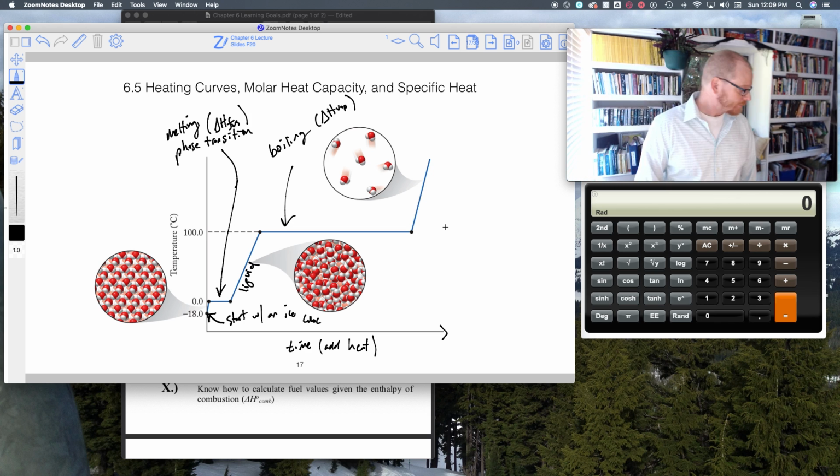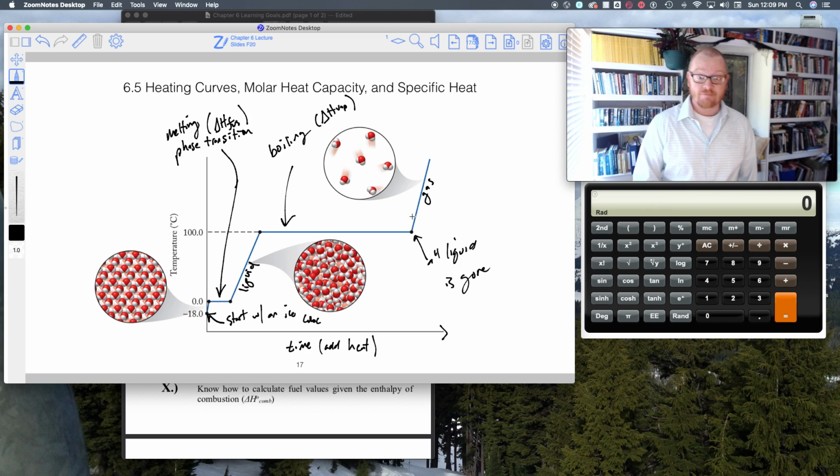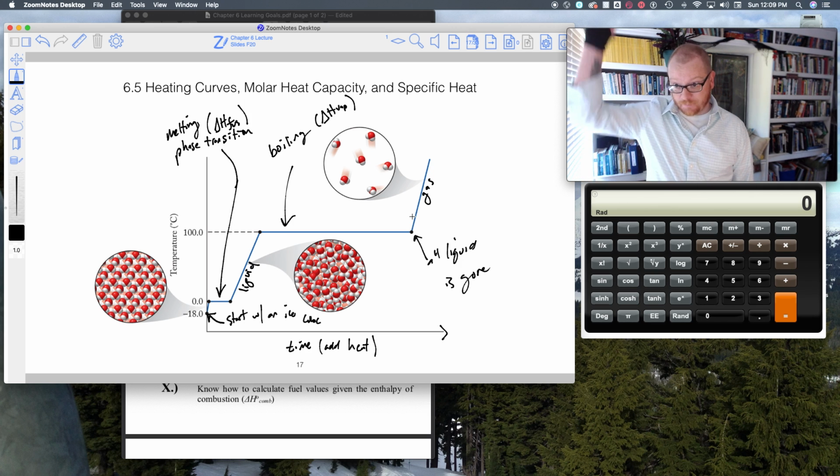But finally, at this point, all the liquid is gone. And now we've got the gas or the vapor, and we can heat steam or gas up to an incredible temperature.